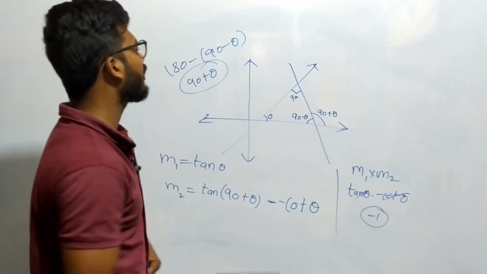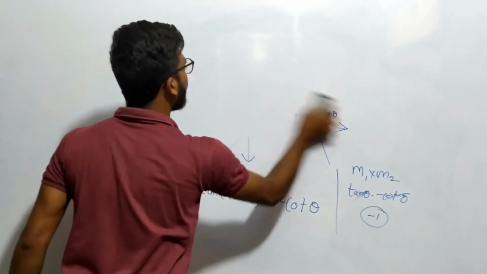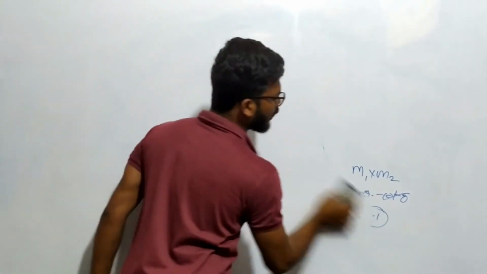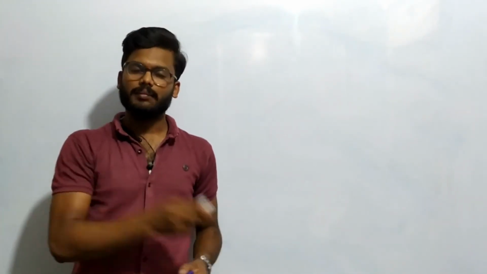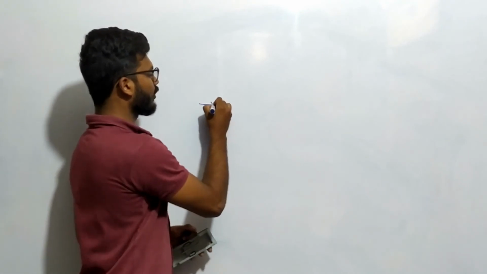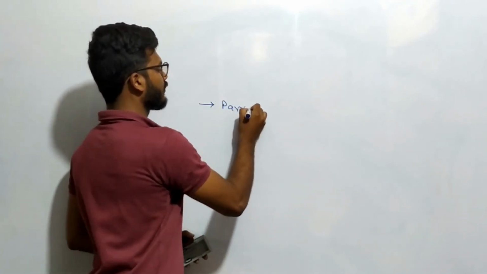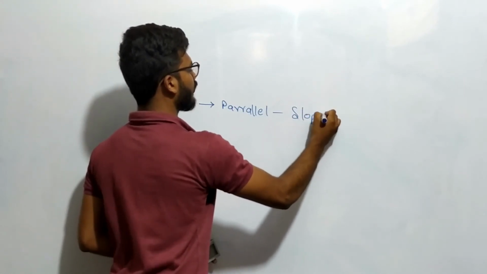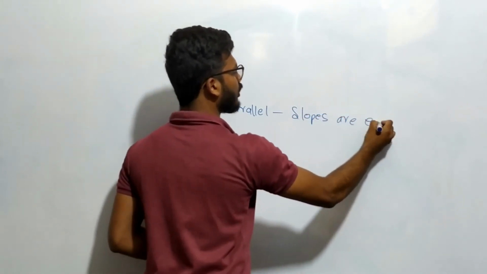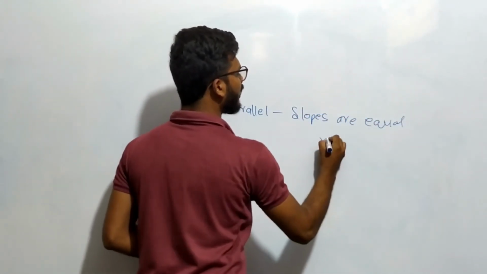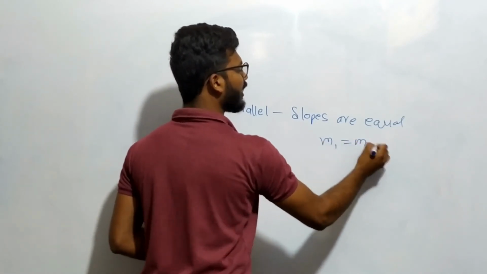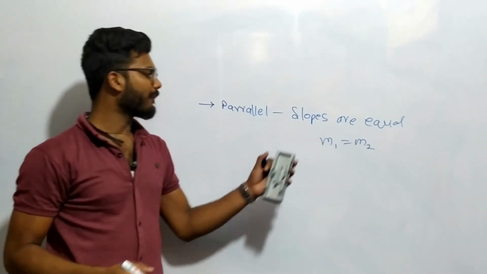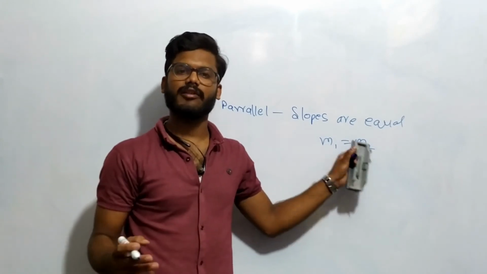When two lines are parallel to each other, the slopes are equal, and when two lines are perpendicular to each other, the product of the slopes is minus 1. First one, when two lines are parallel, the condition is that slopes are equal, nothing but m1 equal to m2. And conversely, if the slopes of two lines are equal, they are parallel.